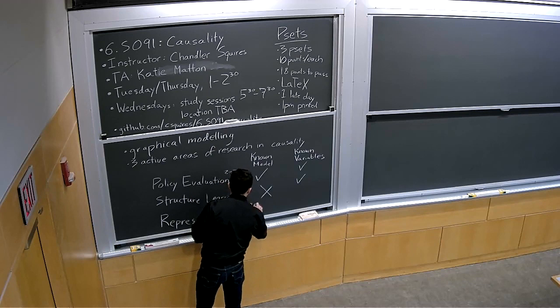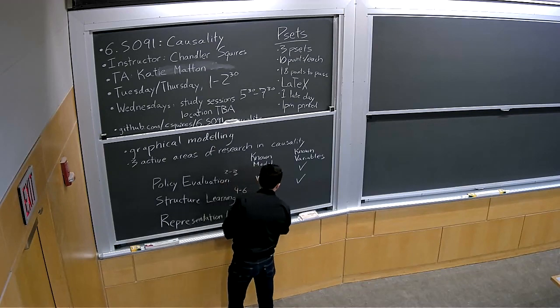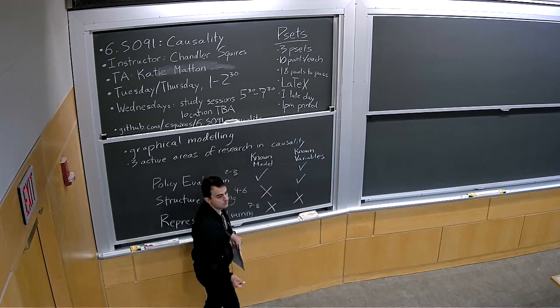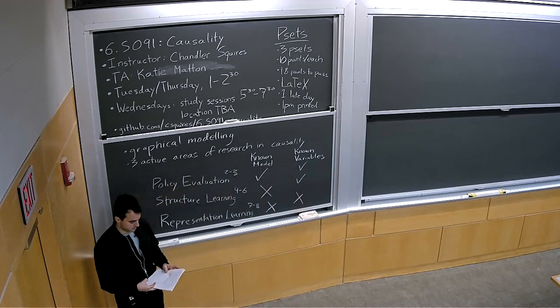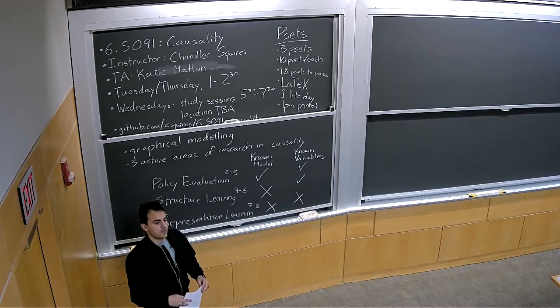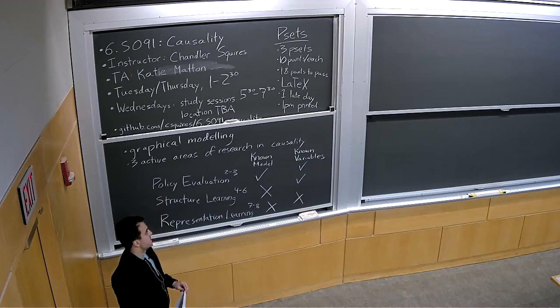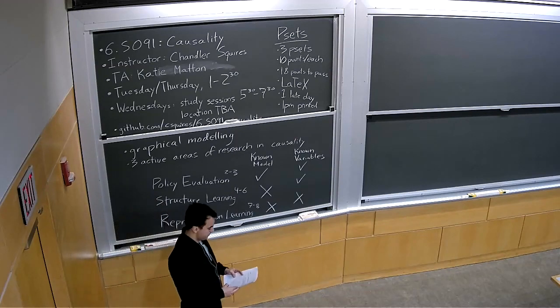And we'll cover that in lectures 7 and 8. So you both don't know the causal model, and you also don't know the variables that you're going to be working with. So you kind of have to learn that representation at the same time as you're learning the causal model.